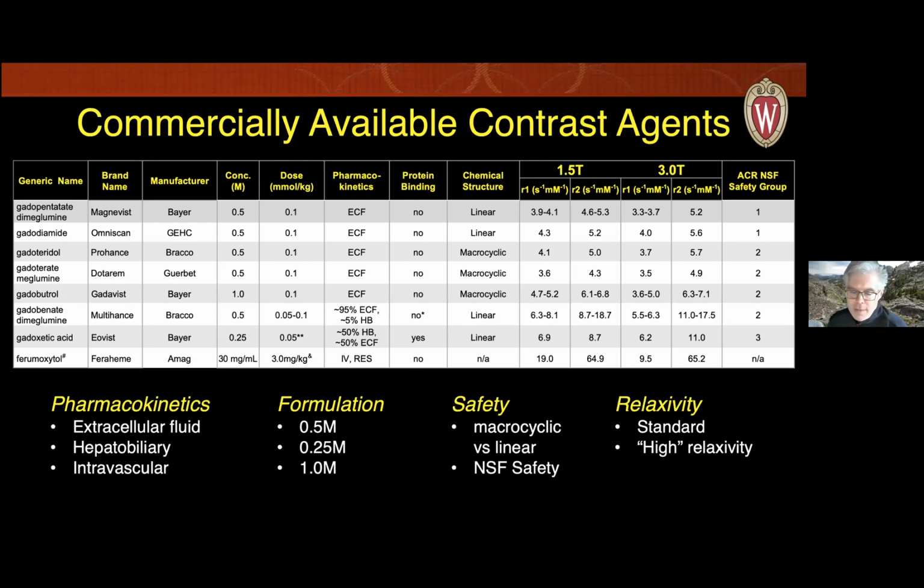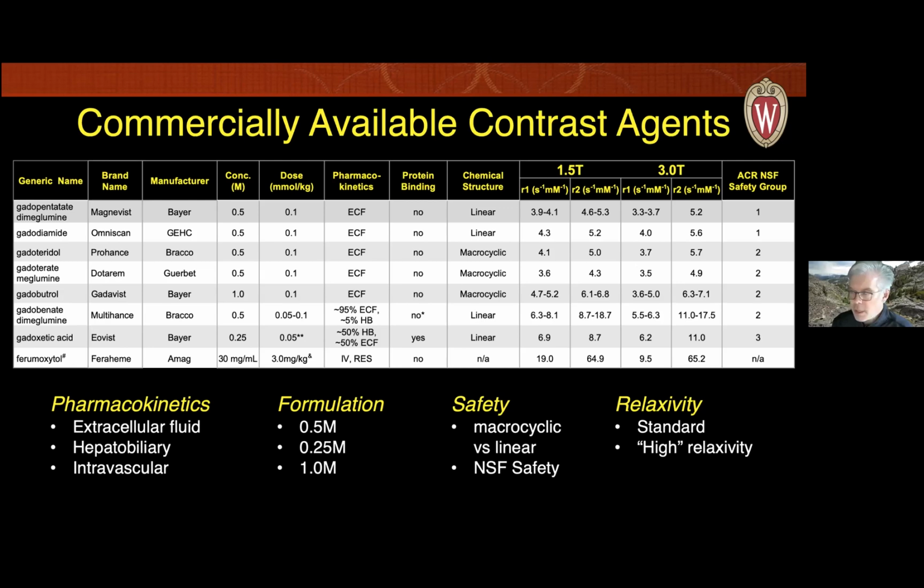The ACR safety committee says that if you had to give gadolinium, or if you wanted to give gadolinium in a patient with renal failure because there was a compelling clinical need, you should feel better about going with a group 2 agent than a group 1 agent, for example. They also say that it's now considered optional to screen for renal failure in patients with agents that are group 2.